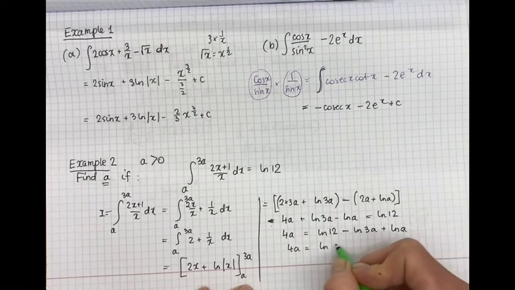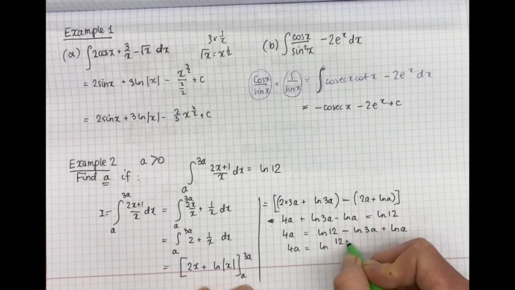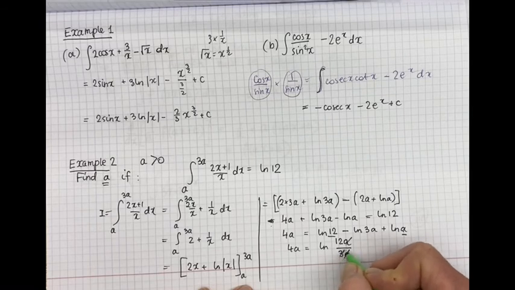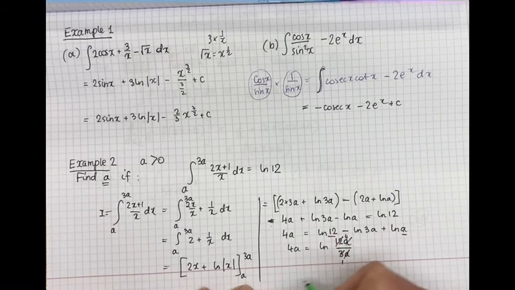When you've got pluses, these will be multiplied. When you've got a minus in front of ln, that's divided. So you've got 12 times a in the numerator and divided by 3a. So a cancels, 3 cancels with that, and you've got 4a is equal to ln 4. So a is equal to a quarter of ln 4.